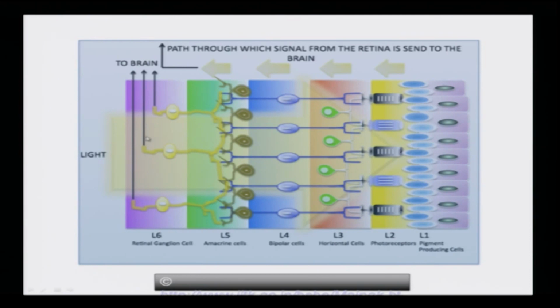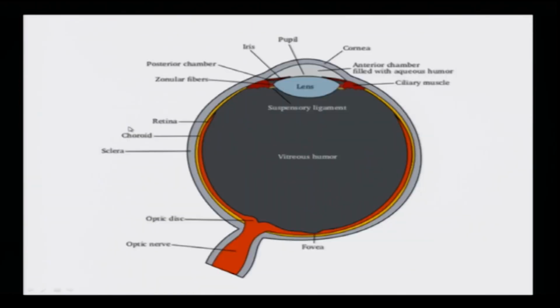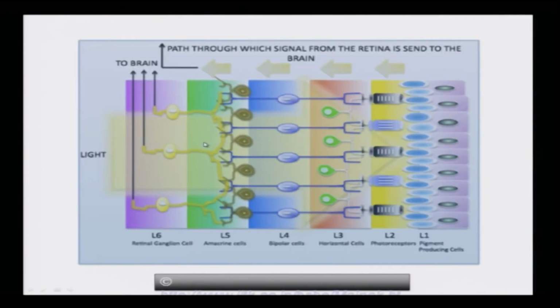Light falls from this side; always remember this. The first layer, this red one, is the retinal ganglion cell layer, but neither this layer nor layers L6, L5, L4, L3 have any photoreceptors or light-sensing proteins in them.